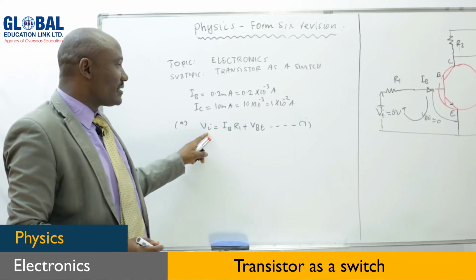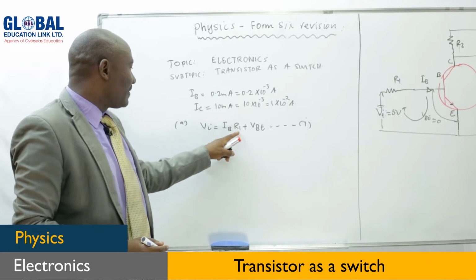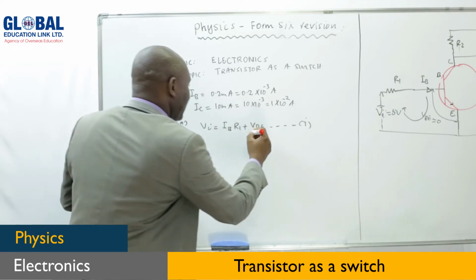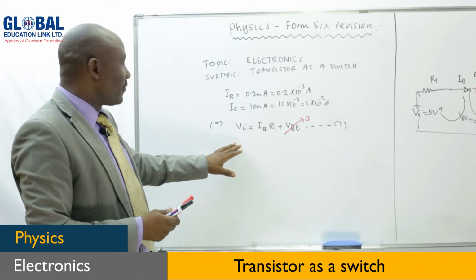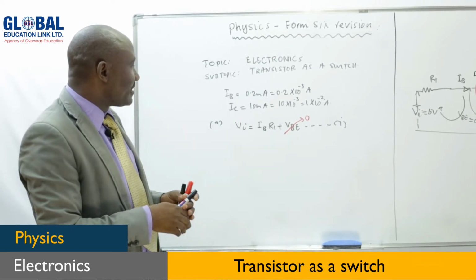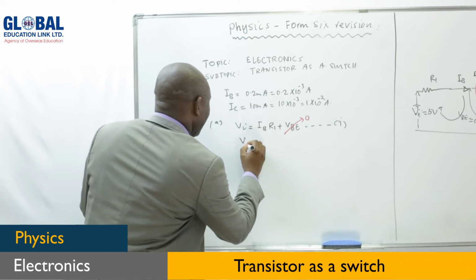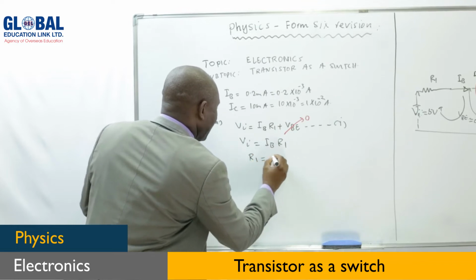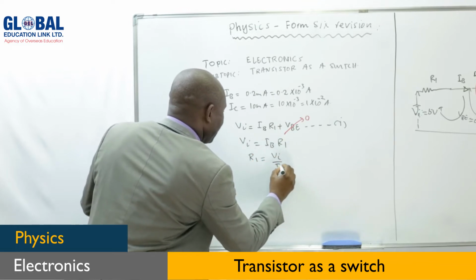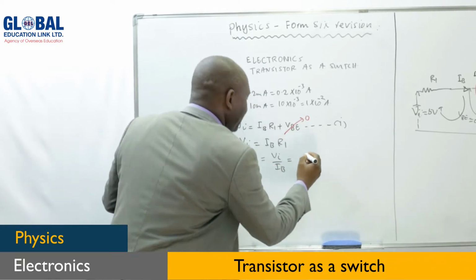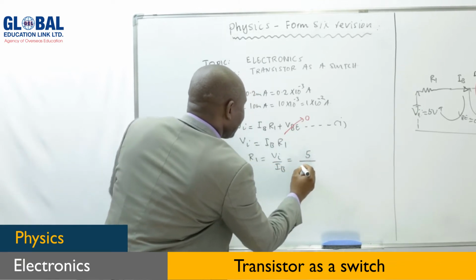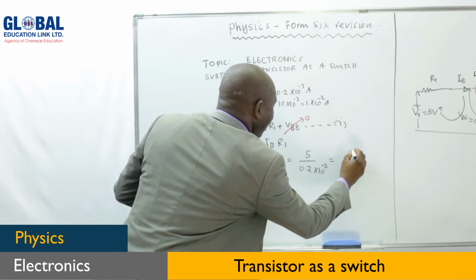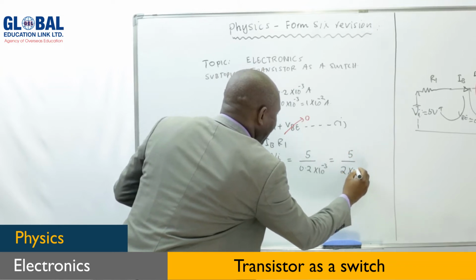If you know the input voltage and the base current, you can find R1. Here VBE is 0, so we are left with VI equals base current times R1. From where you can find R1 as VI over base current. Our input voltage is 5 divided by the base current, 0.2 times 10 to the negative 3, which is the same as 5 over 2 times 10 to the negative 4.